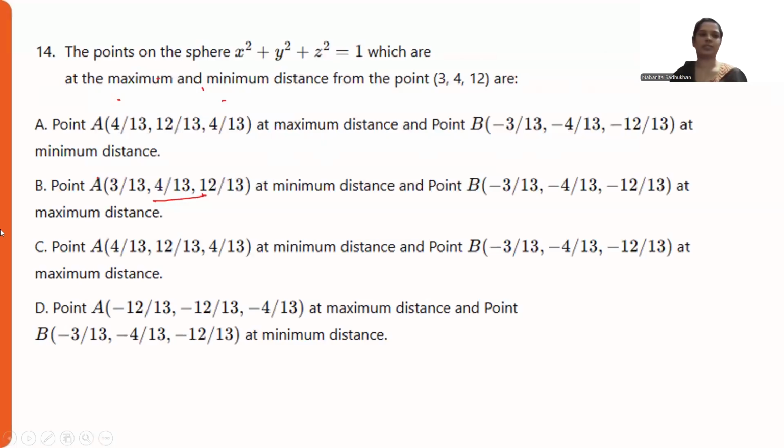Okay, let's move to the next one. Now here we have the points x square plus y square plus z square equal to 1. Which of the points are going to be at maximum and minimum distance from this point? That's what we have to calculate.